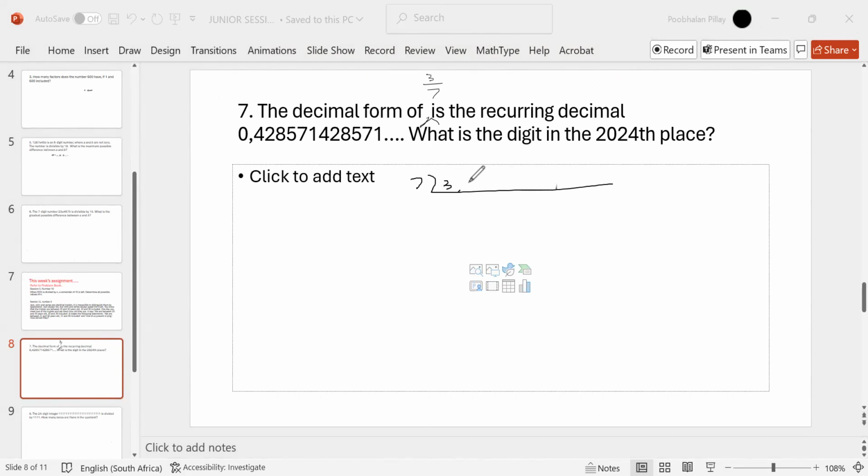Now I do it like this: 3.00000. 3 goes into, so this goes 0 here, and 7 goes into 30 4 times. Remainder 2, 7 goes into 20 2 times. That's 14, remainder 6, and so on. You can see what's coming out. So you'll have 428571, but this thing just keeps repeating like that.